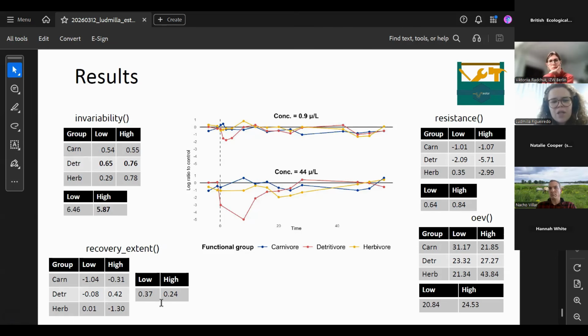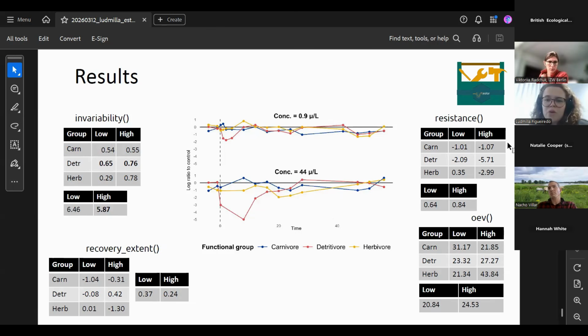But if we look at the community itself, we see a little bit of an overcompensation, meaning that the community as a whole behaves differently than the groups themselves. So again, it's that idea that you need to consider stability from multiple perspectives in order to give a proper diagnosis of your system, right?